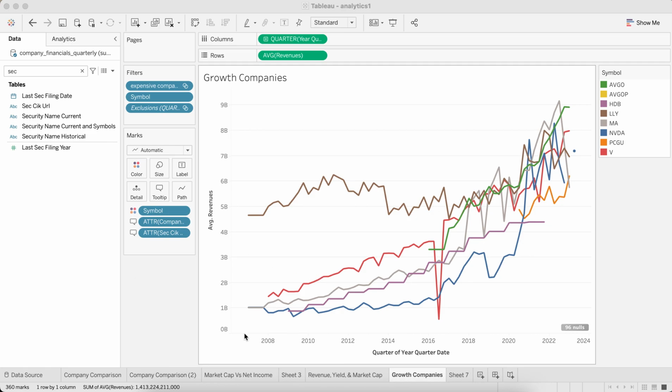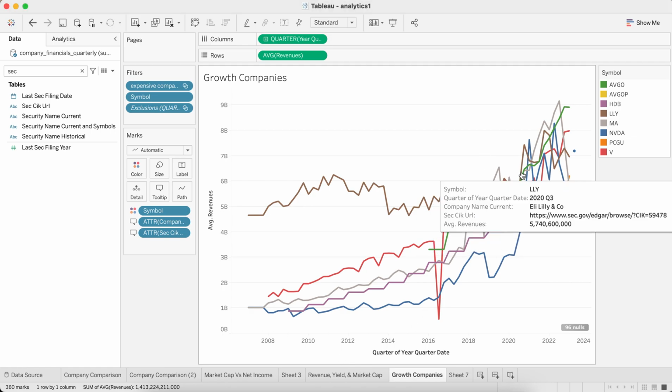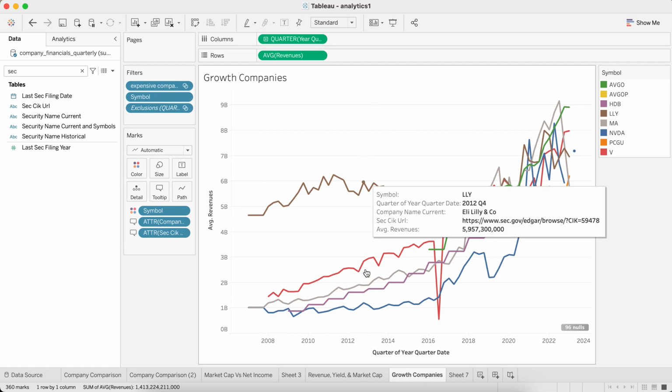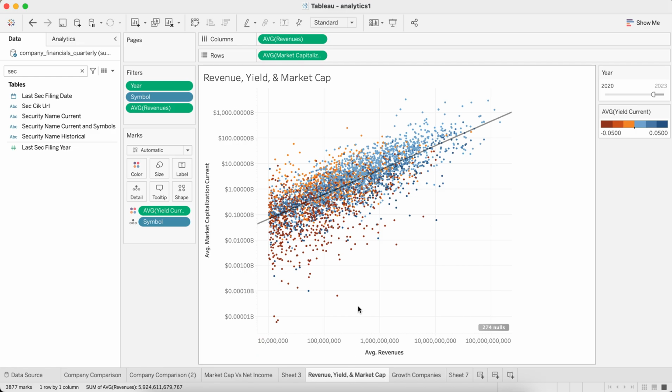Again, this is Alex, and in our previous video, we were looking at companies that are growth oriented in Tableau, and we found them inside our scatter plots, where we took revenues against the market capitalization of the company, and we added yield to color, which is net income divided by market capitalization, to find companies that are highly valued and are profitable.